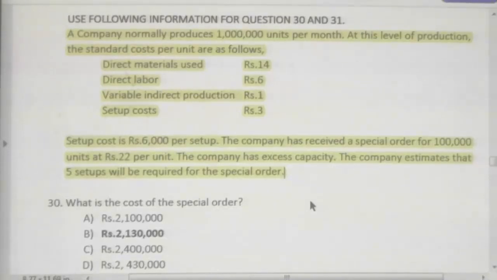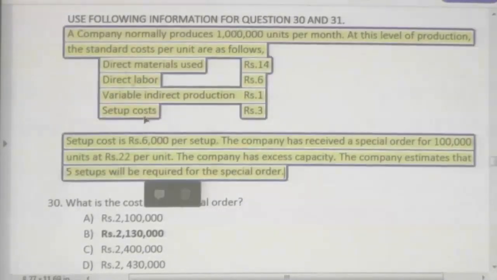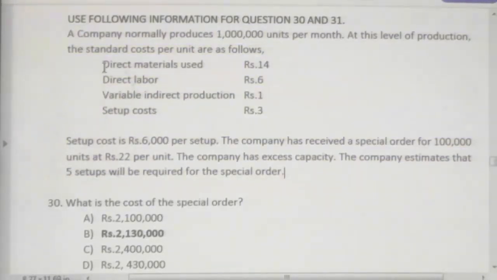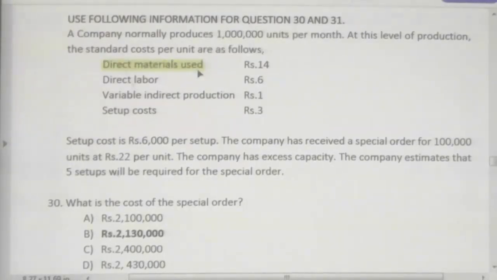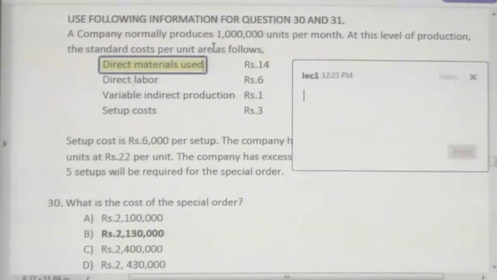There are 3 direct costs. However, this setup cost is very important, because this setup cost does not change with the total number of units, it will change with the number of setups. That's the point you need to learn, right? Now, direct material will change with the quantity.